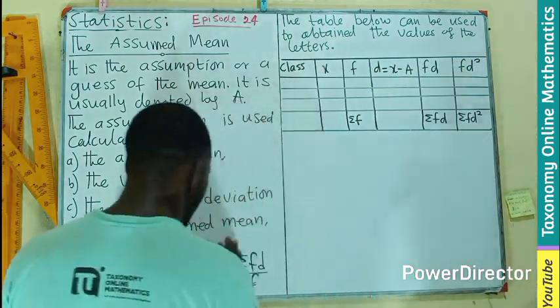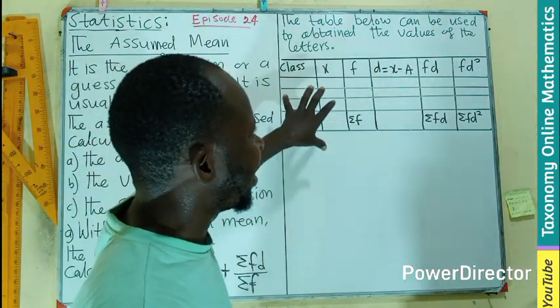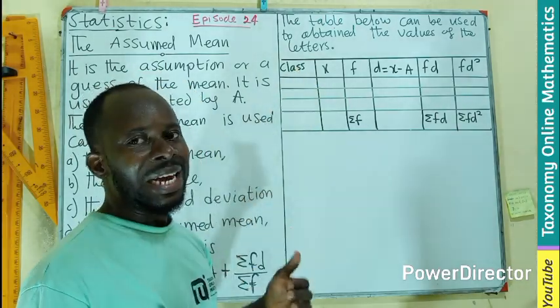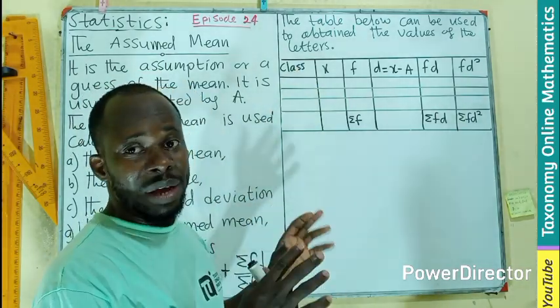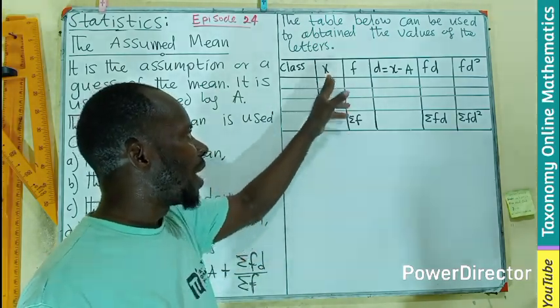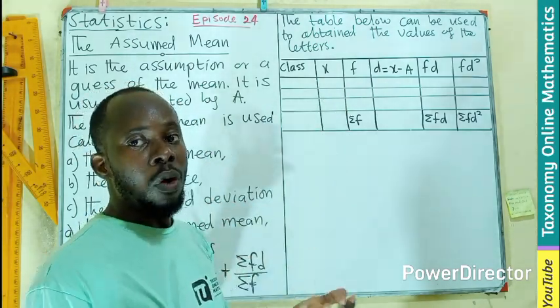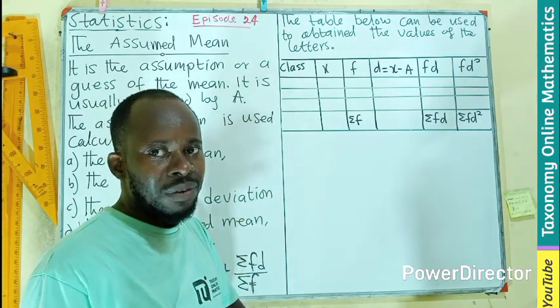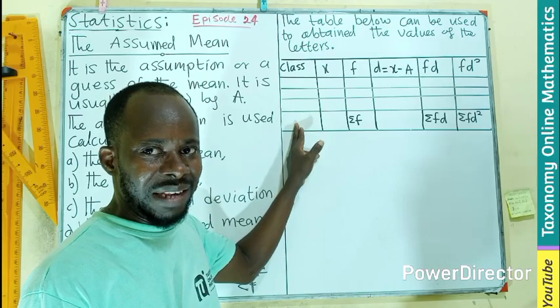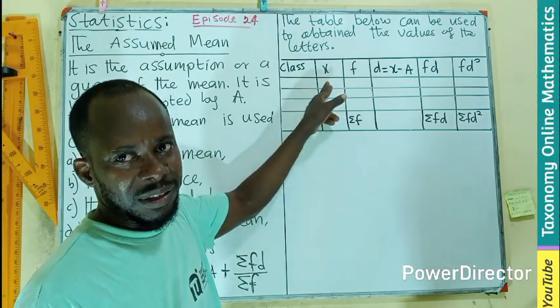To be able to calculate this, we can generate a table in this form, whereby this shows the class interval. That is when we have grouped data. When there is no grouping, you begin with your x value, which is going to be the score, the mark, or whatever data point is given to you. But if you are given class intervals, the class interval will be here, then the midpoint.